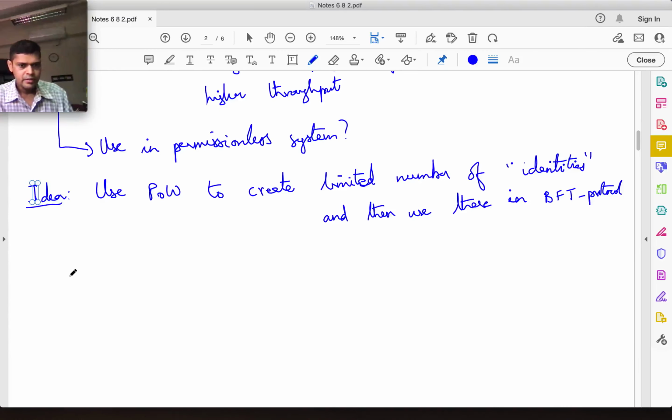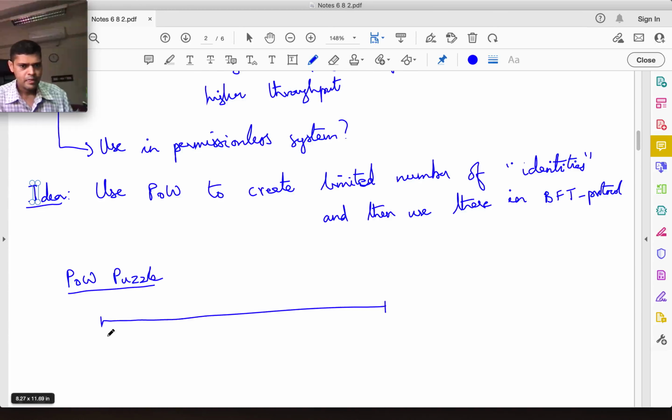So there is a POW puzzle, and let's say there is a limited amount of time. So the POW puzzle is created here, and this is the deadline. So there is some time period over which you have to try to solve the POW puzzle.